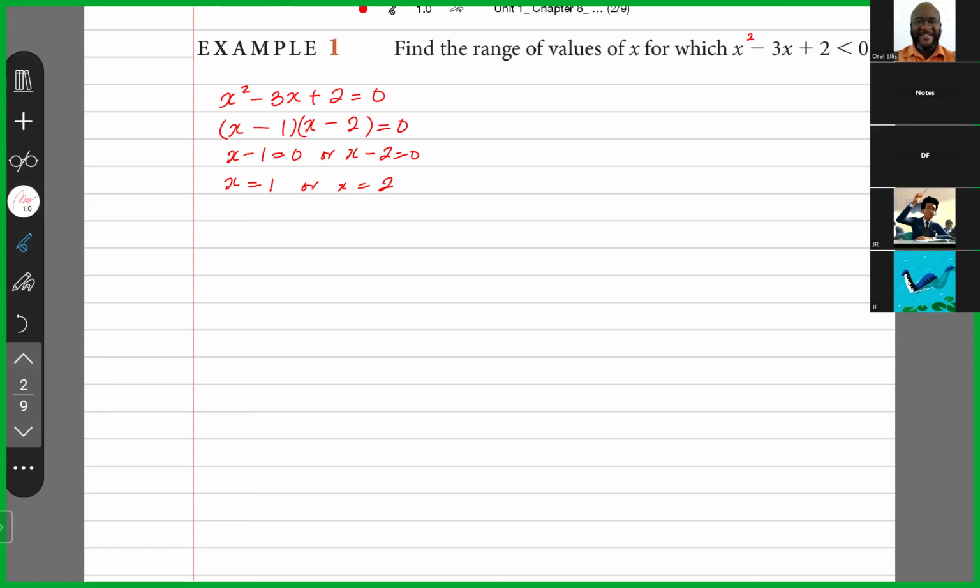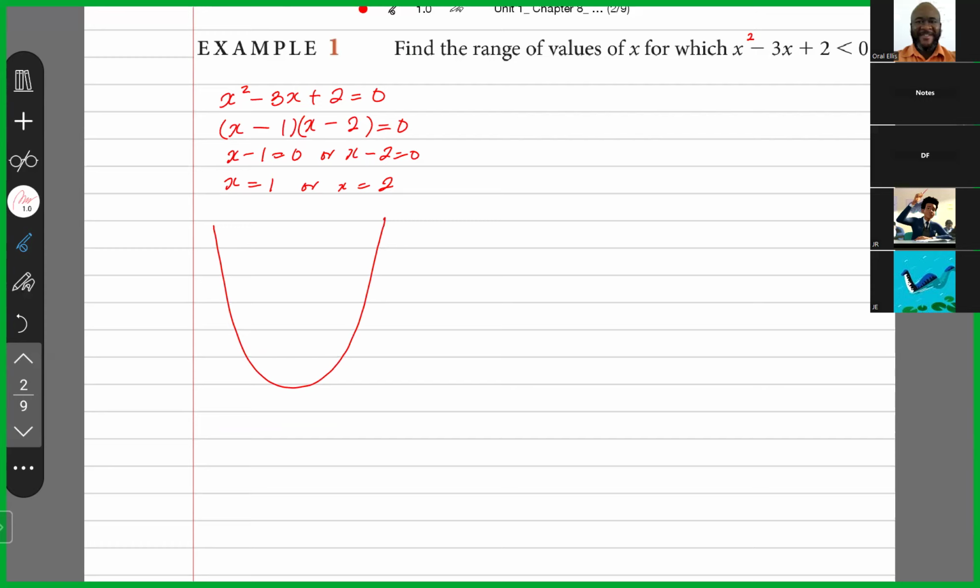Now, if you draw the graph of y is equal to x squared minus 3x plus 2, x is equal to 1 and x is equal to 2 would be the x-intercepts. So I'm just going to do a sketch. This is a positive x squared graph, so it's a parabola.